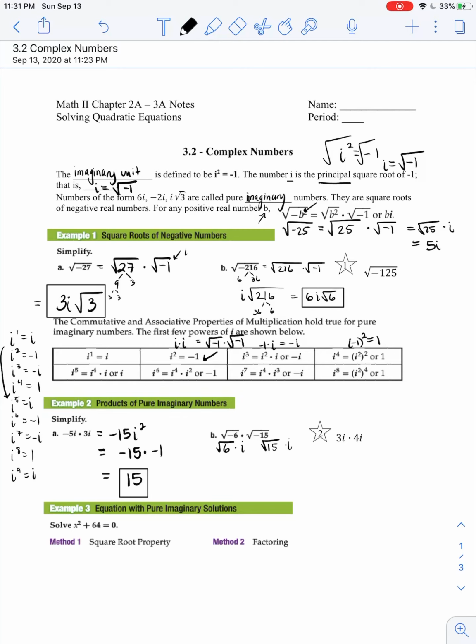So we have the square root of 6 times i, I don't know the square root of 6, so we're just going to keep it like that, and then times i square root of 15. Now that we've taken the i out, we can bring the 6 and the 15 together and say that's the square root of 90, which is 9 times 10. So we can take out a 3, which would be 3i rad 10.